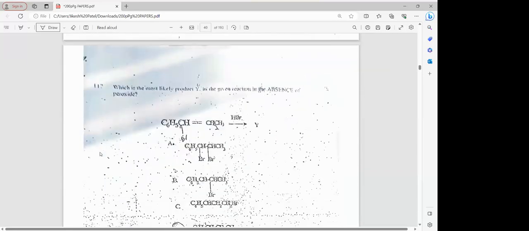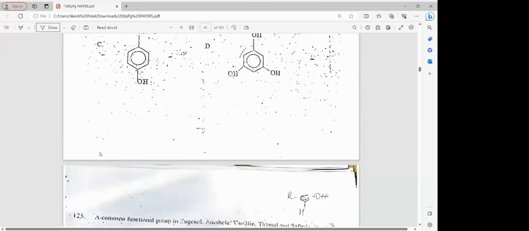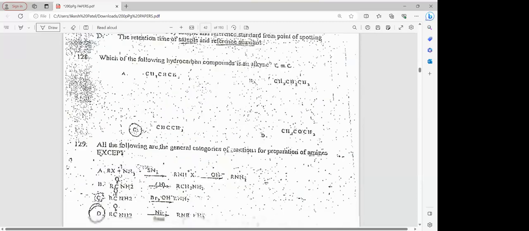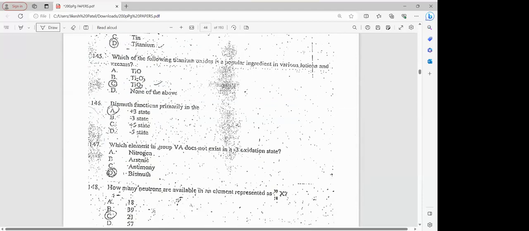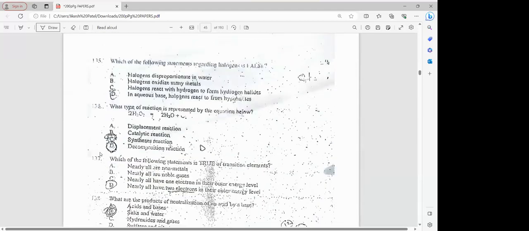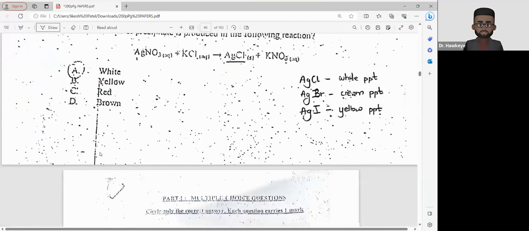These ones are coding organic chem. Then I think biochem is over from this paper. It's flashing now.